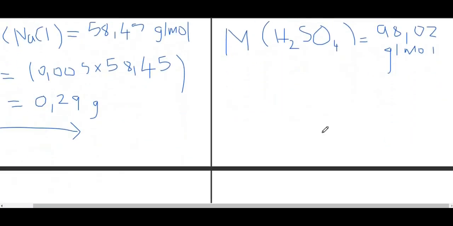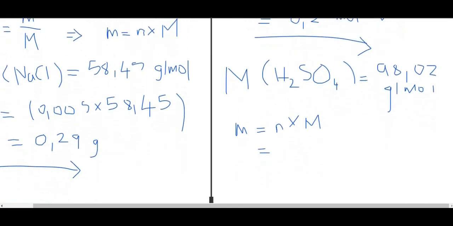So if I have the molar mass and I have the number of moles, I can calculate the mass. So I can say, okay, m equals the number of moles multiplied by the molar mass. So what is my number of moles? We found the number of moles is 0.2. So 0.2 multiplied by the molar mass, which is 98.02.